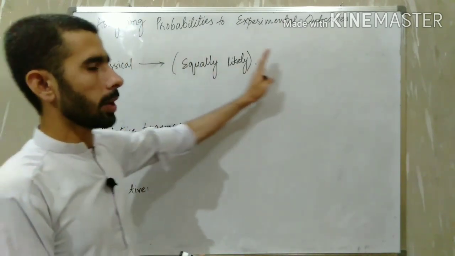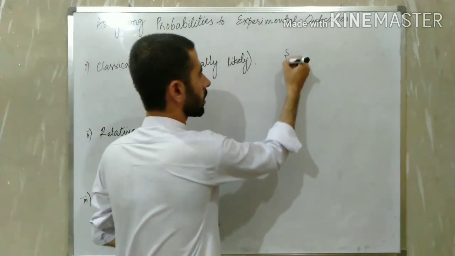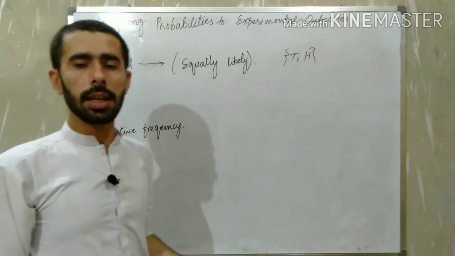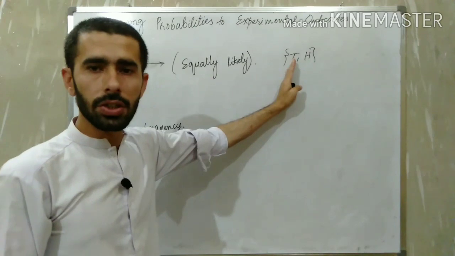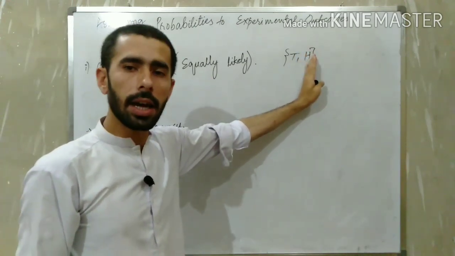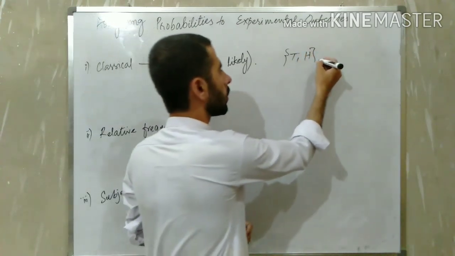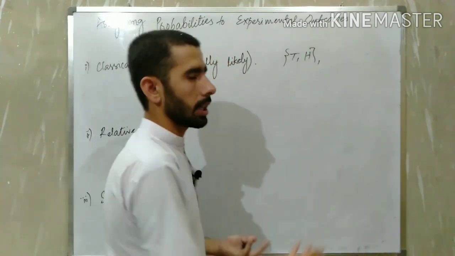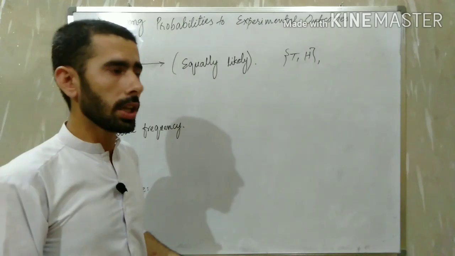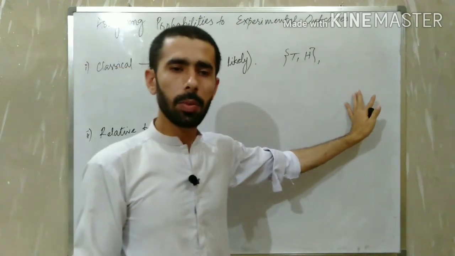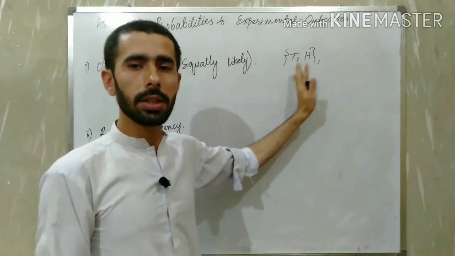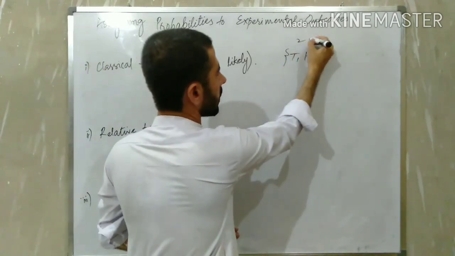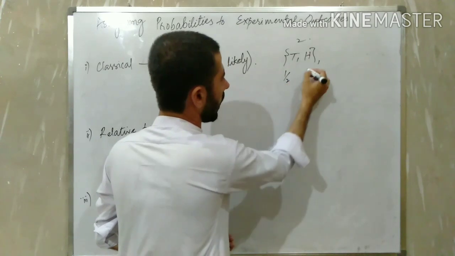This case is really valid for the coin toss experiment, where the tail and the head are really equally likely. There are as many chances for tail as there are for head. Similarly, if we are tossing a die, the chances are equally likely. If there are two outcomes, their chances would be 1/2 and 1/2.